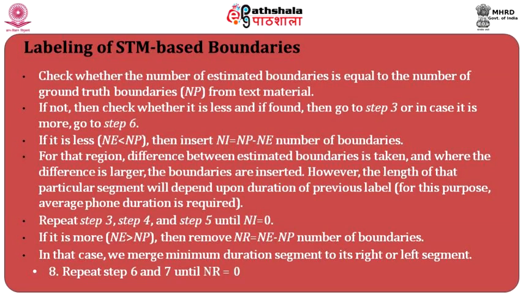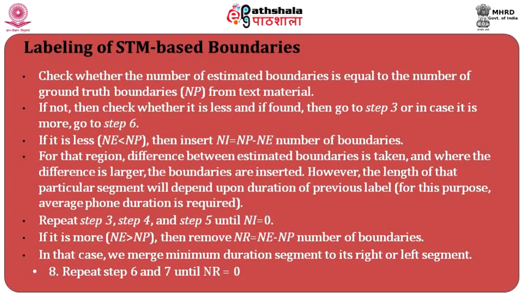Thirdly, if it is less, that is, if Ni is less than Np, then insert Ni equals Np minus Ni number of boundaries. For that reason, the difference between estimated boundaries is taken, and where the difference is larger, the boundaries are inserted. However, the length of that particular segment will depend upon the duration of the previous level.